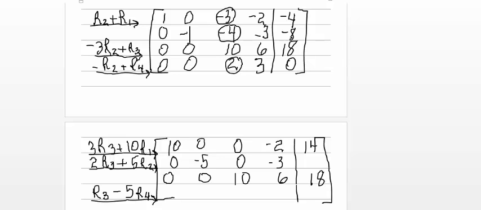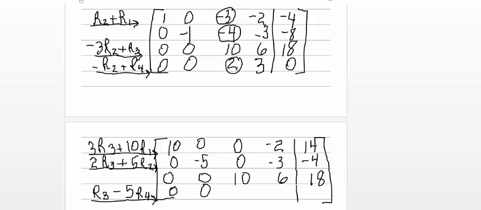So 2 times everything in row 3 is added to 5 times every component in row 2. And so my new row 2 is 0, negative 5, 0, negative 3, negative 4.